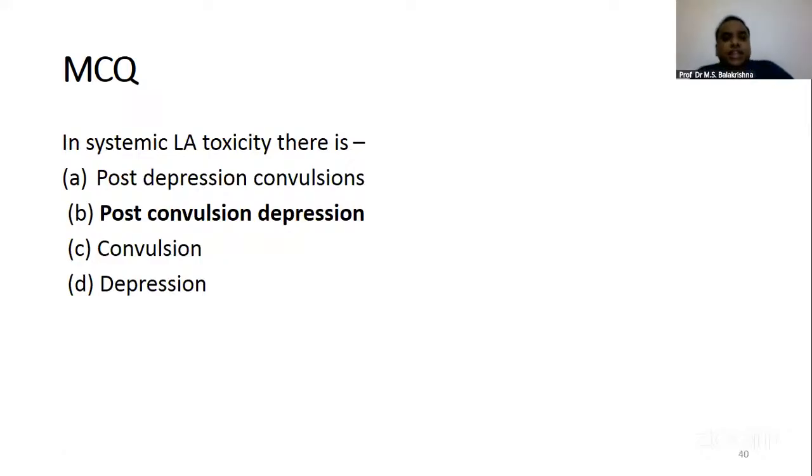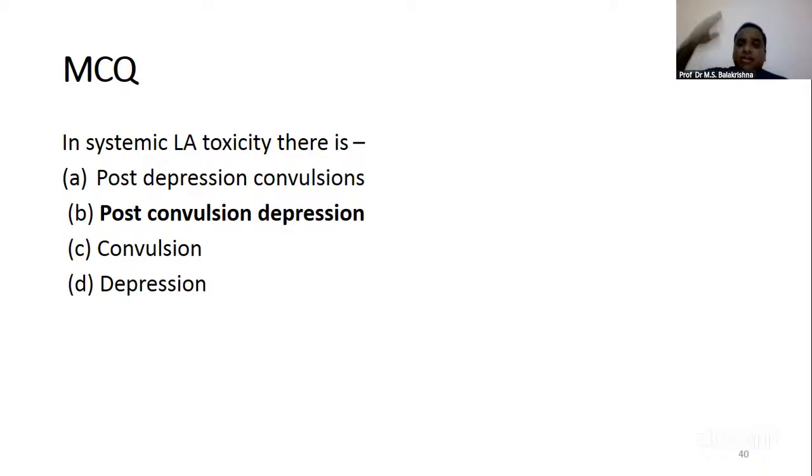Next question. In systemic LA toxicity, there is post-depression convulsions, post-convulsion depression, convulsion depression. Always remember, that is the life mantra: there is excitation followed by depression. You drink tea, there is excitation. After you drink more, there is depression.